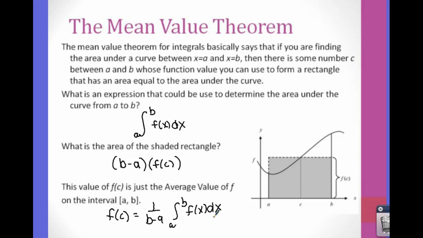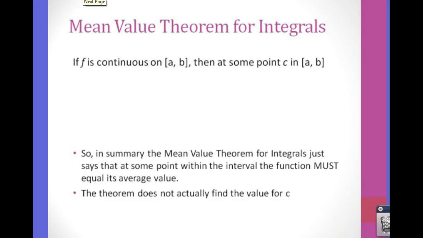So mean value theorem says that there exists some point C on the closed interval a to b such that the average value of the area under the curve equals the average value area. So the formal definition for MVT is that f is continuous. That sounds familiar. F had to be continuous in the mean value theorem for derivatives.